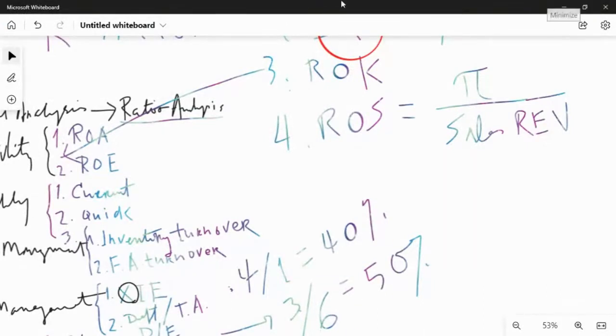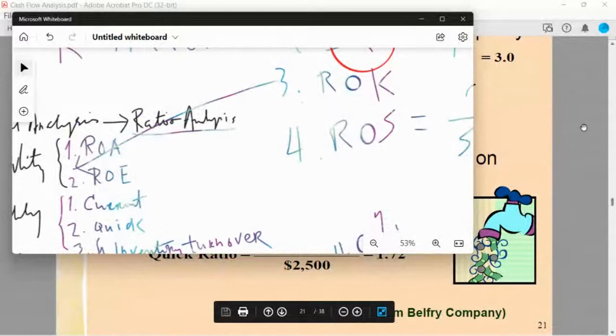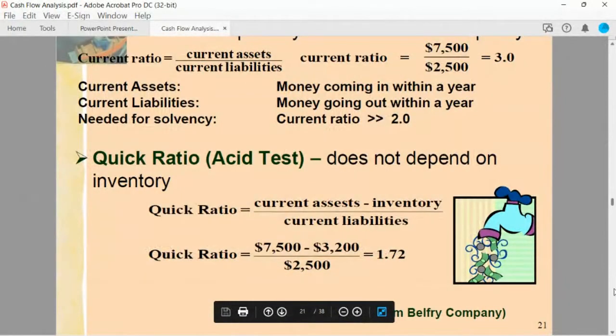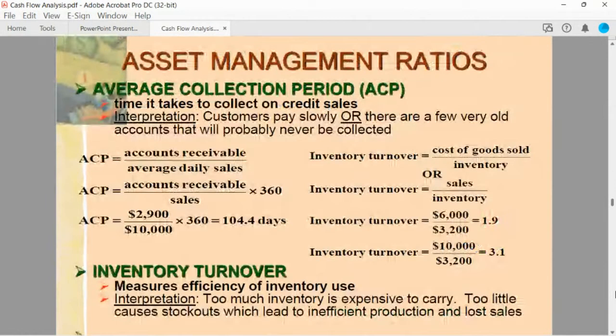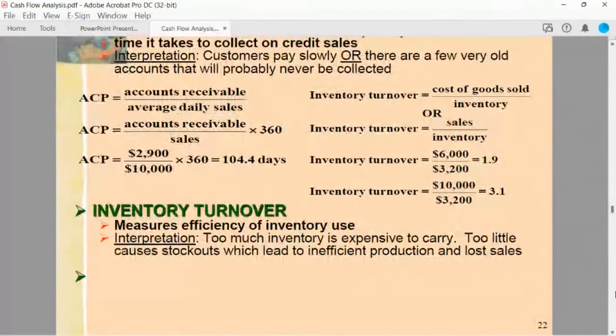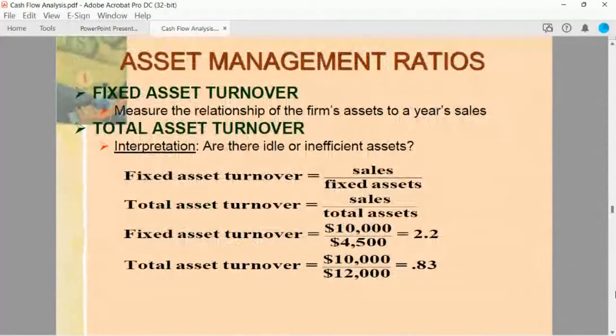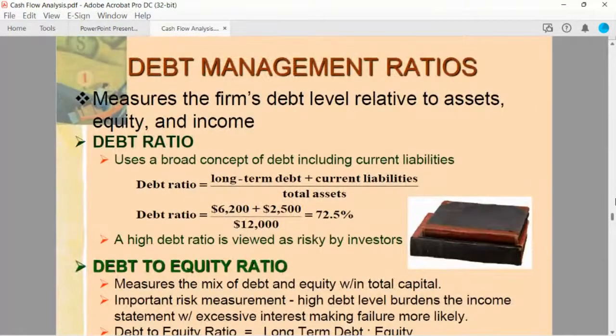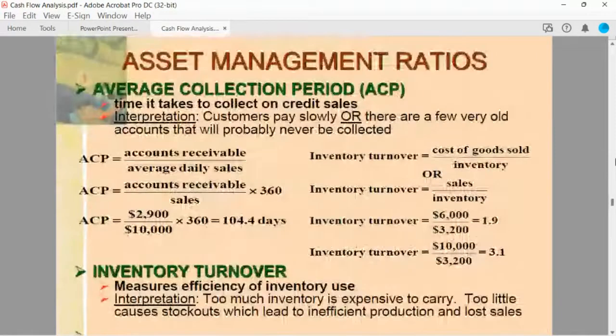Let's see if the slide is introducing average collection period as the asset management ratio. Oh, yeah, here, average collection period. Actually, it can be considered an asset management ratio.